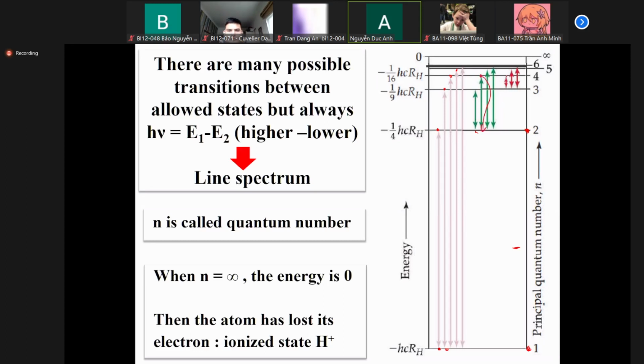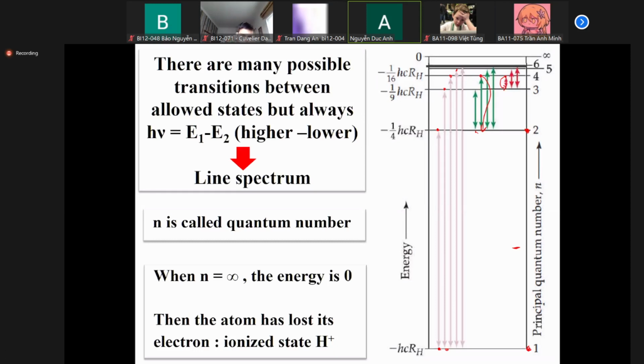Number 4 can move to number 3. Each of these processes of emitting light after being excited gives you a line on the atomic emission spectrum, or spectrum line, or light spectrum, sorry.